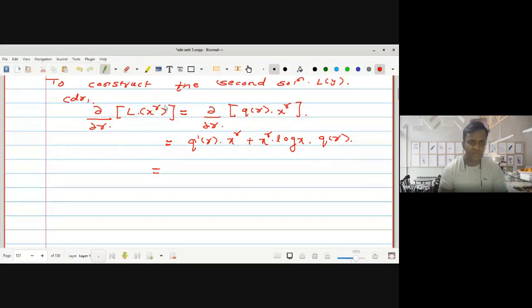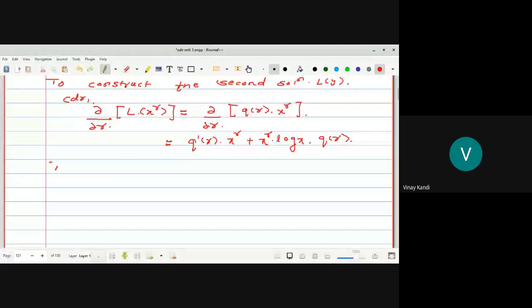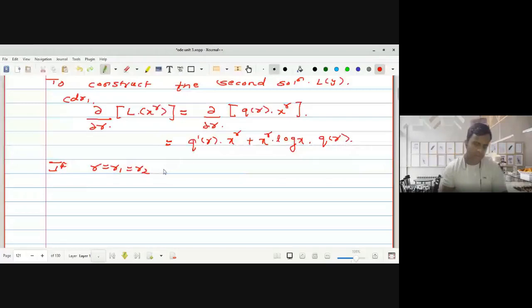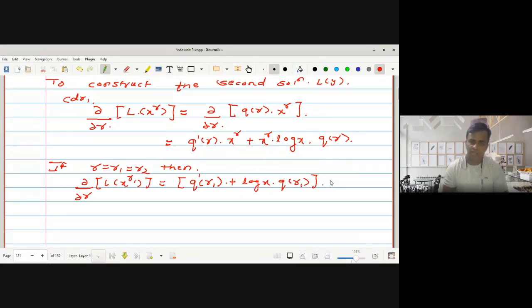If r is equal to r1 is equal to r2, then dou by dou r of L of x raised to r1 is equal to q dash of r1 into, plus log of x into q of r1, in the bracket, taking x raised to r1 common.